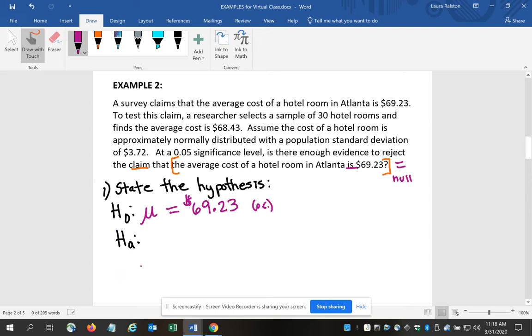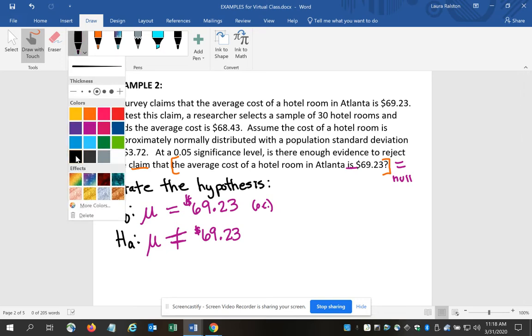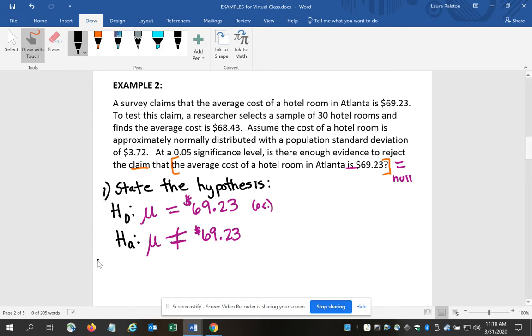Then I have to determine what the alternative is, and the alternative is the exact opposite of the null. The opposite of equal would be not equal. So my alternative is that the mean does not equal $69.23. And there's our hypotheses. The second step, again, is to identify the players. Identify all of your information.